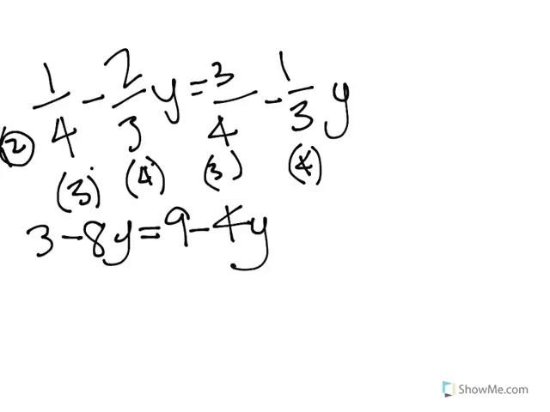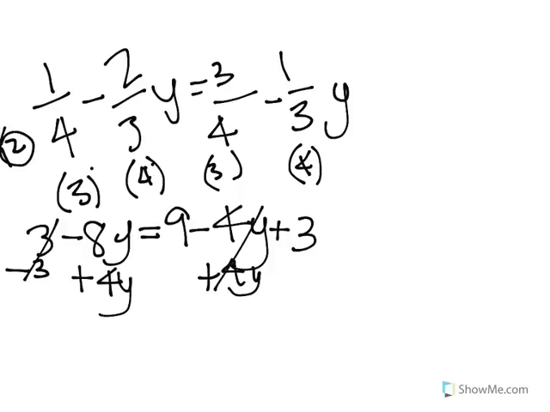All right, so we're going to remove 3 from the left and add it to the right. Right, now we're going to cancel the 4y on the right and add it to the left.